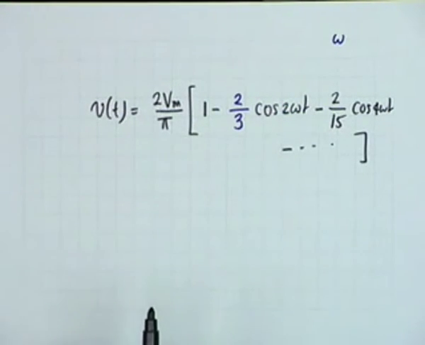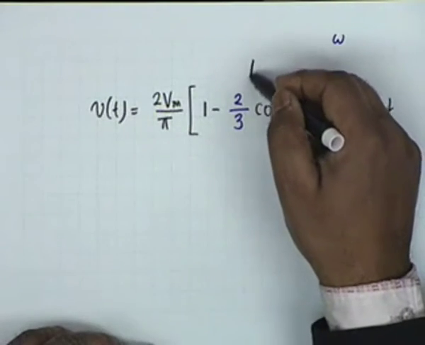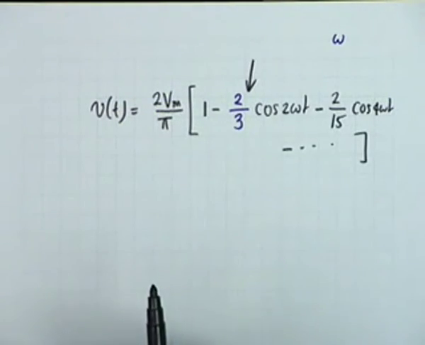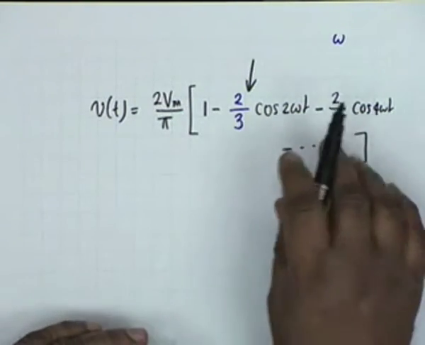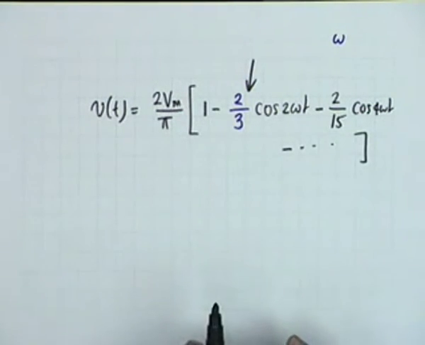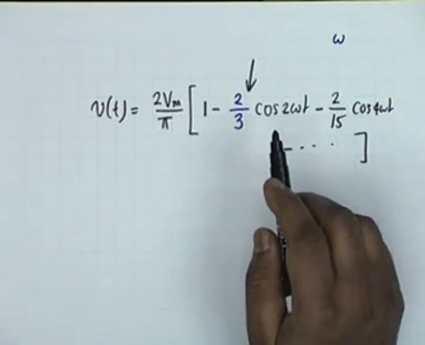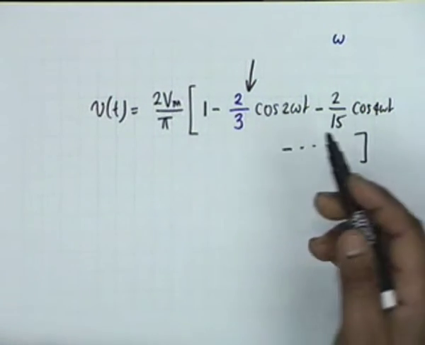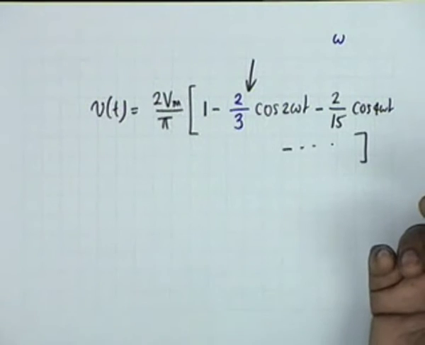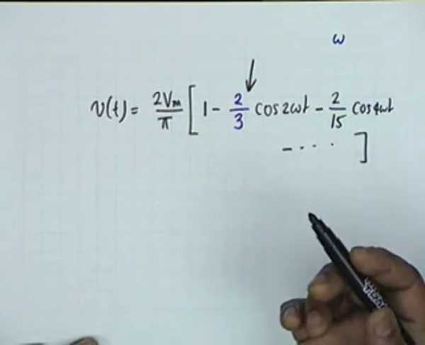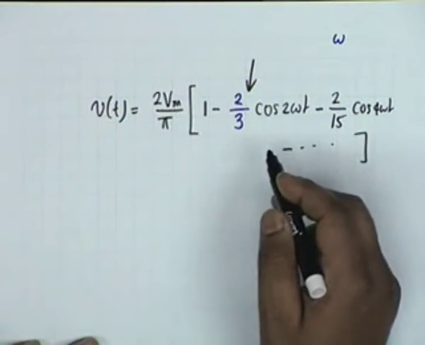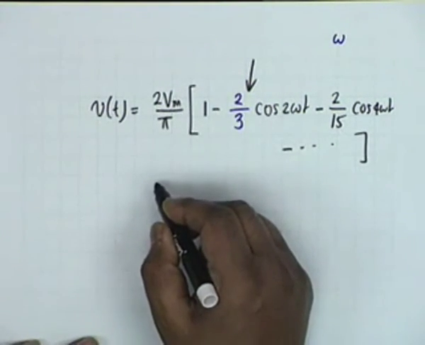And therefore in practice, if we can take care of the second harmonic, if we can reduce this substantially, obviously all other harmonics shall become negligible. If we can make the second harmonic negligible, the fourth harmonic shall be further negligible. So it suffices in practice to approximate this by only two terms.